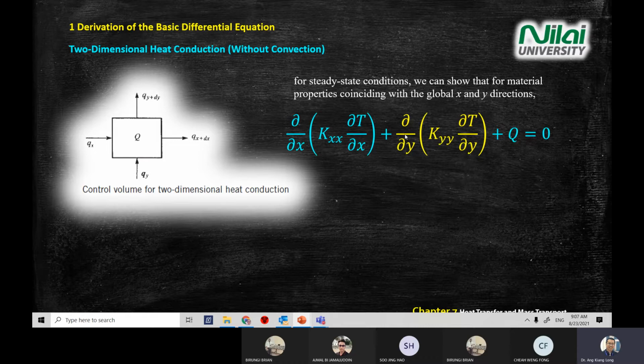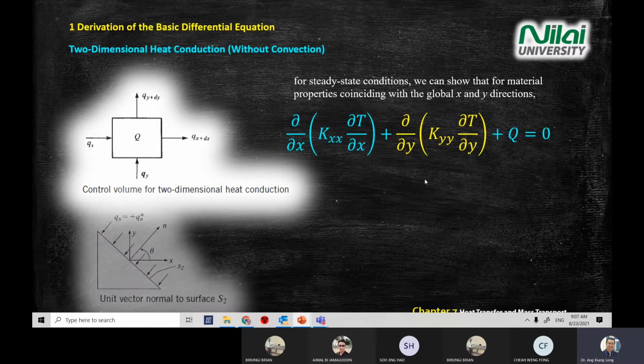So you add del over del y, kyy, change of temperature in the y direction, plus q equals 0. The derivation steps are still the same, only you add one more direction in y, and you arrive at this equation, right?